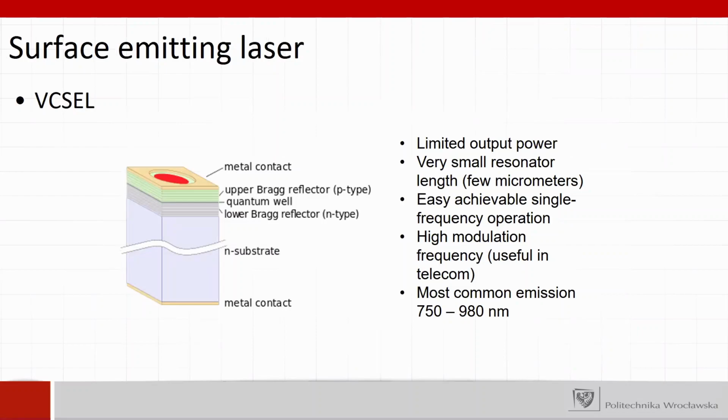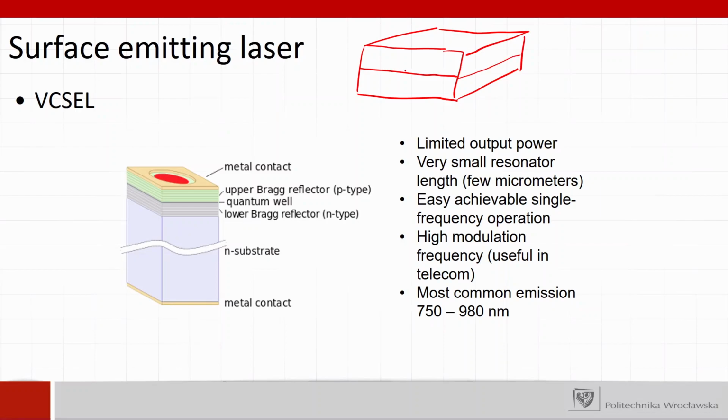And there is a huge group of lasers that are called surface emitting lasers. Last week I was showing you the so-called edge emitting lasers, where we have two pieces of semiconductor joined together, and we have the active region on the border between the two types of semiconductor, right?